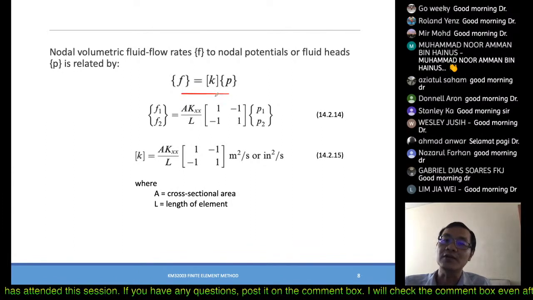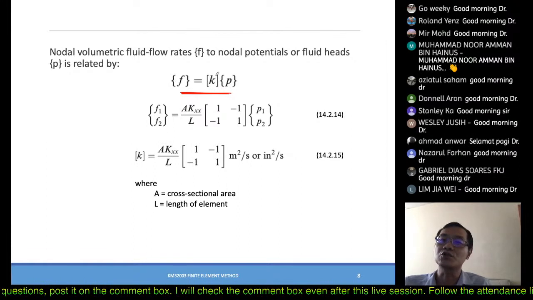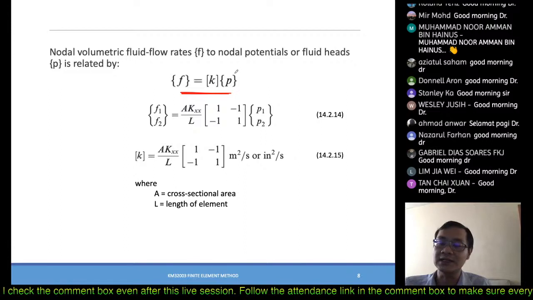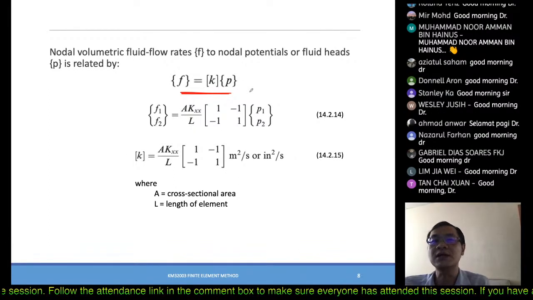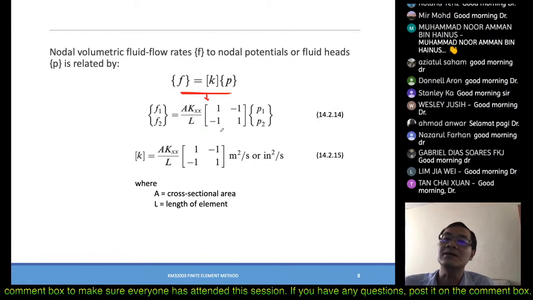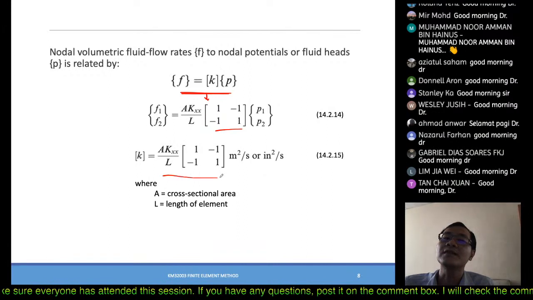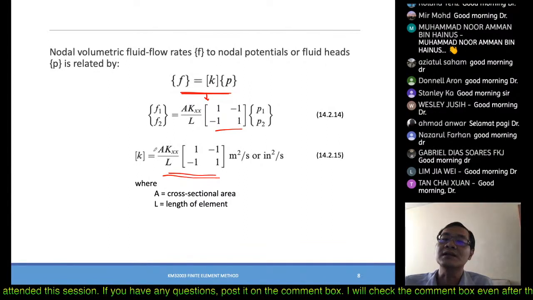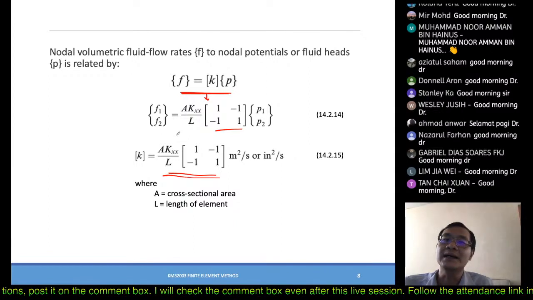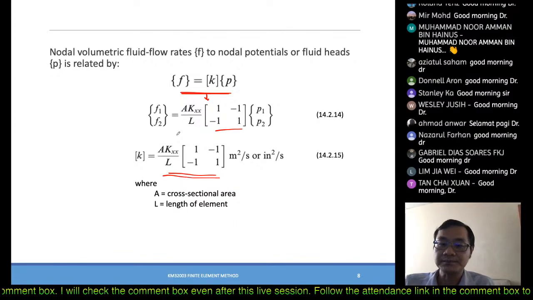So we can form this relationship F equals KP, right, very similar to the structural or whatever FEM derivation itself. So we will not go through it in detail. We can only see that it's very similar, right? So we can have this stiffness matrix, as given as such, for the fluid applications.